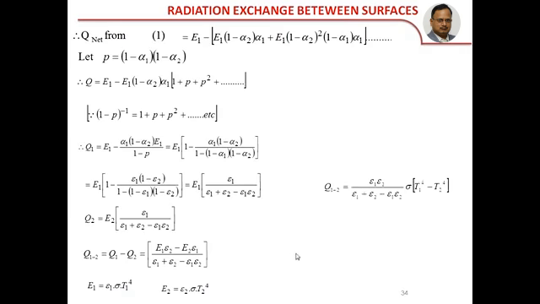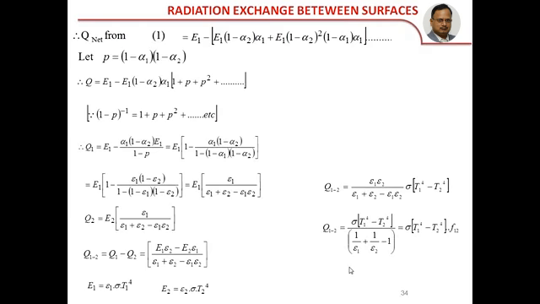So therefore, you can write now Q12 equal to epsilon 1 into epsilon 2 common, and this denominator is common, and T1 to the power 4 minus T2 to the power 4.